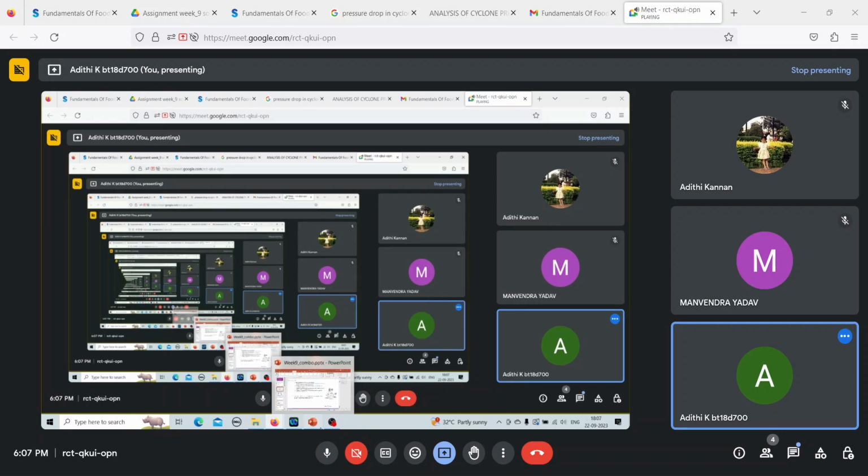So what is the stream's direction here? In a disc bowl centrifuge, the feed liquor is introduced at the bottom of the disc stack.